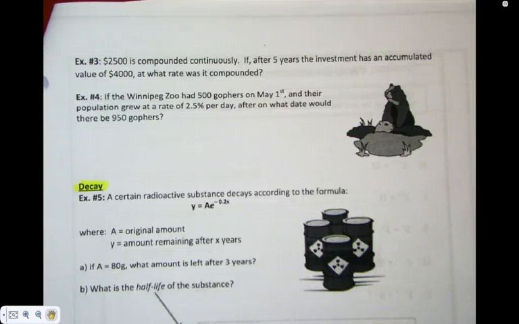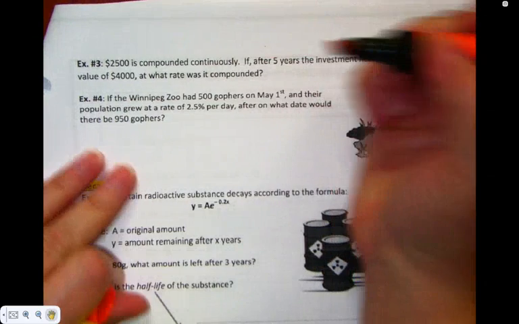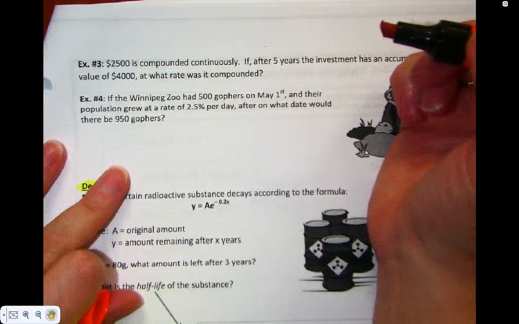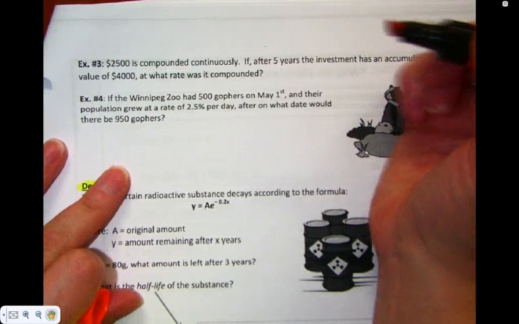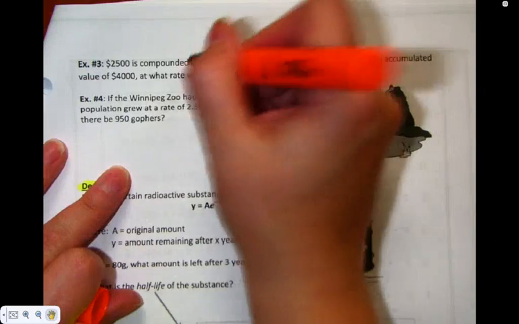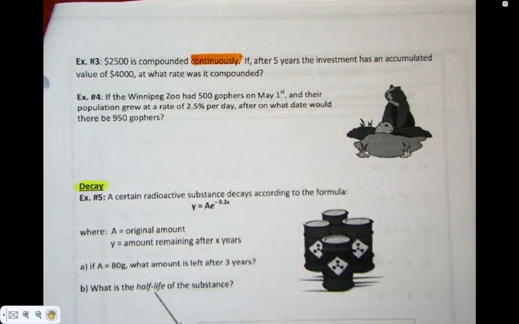What's the key word you need to realize for this question? Not rate, not the time. Continuously. That's the only thing that tells you it's the second formula, not the first. It doesn't have the word compounded, or monthly or quarterly or biannually or weekly. It just says continuously. That tells you it's this formula.